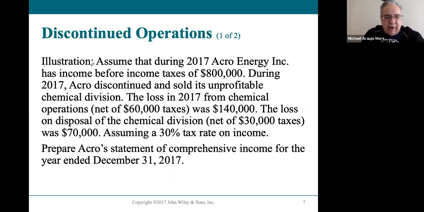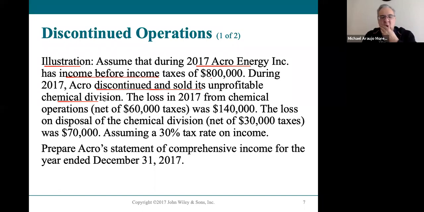So here's an illustration, and you'll only have a couple of these to deal with because it's important, but it's not everything. Here we have a company in 2017, Acro Energy. They had a profit before income tax of 800,000. Okay, that's sort of a starting point. So during 2017, they discontinued and sold its chemical division.